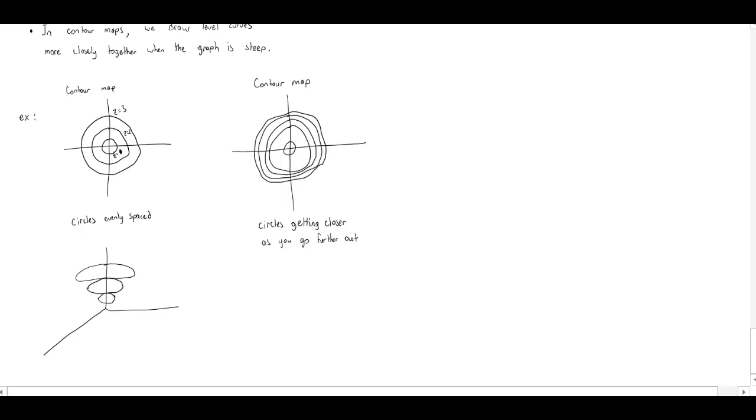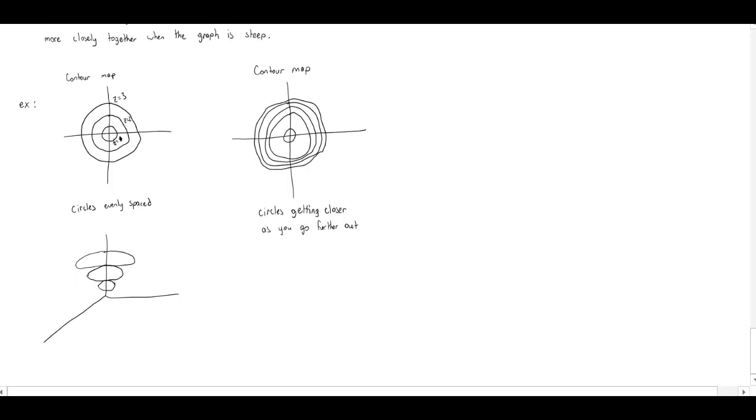So how to maybe tell or distinguish these two apart from each other? The key was what I tried to do in my contour map, where I tried to make these circles evenly spaced. Whereas in this contour map, I was trying to draw the circles on the outside more closely bunched to each other. Okay.